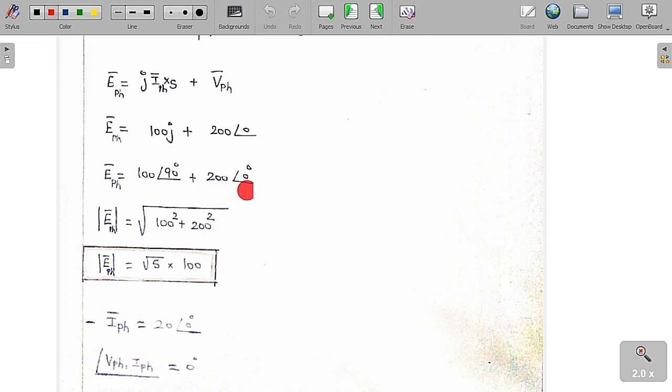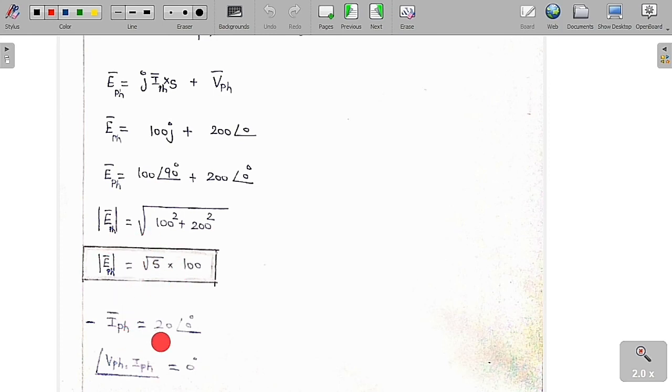Taking the magnitude, we get the square root of 100 square plus 200 square, which is simply root 5 into 100. This is the per phase induced voltage that we get.